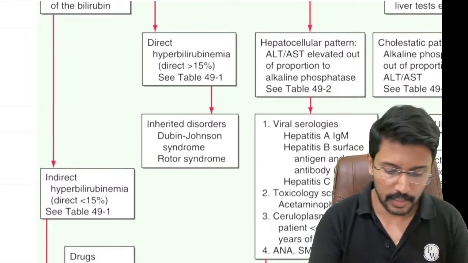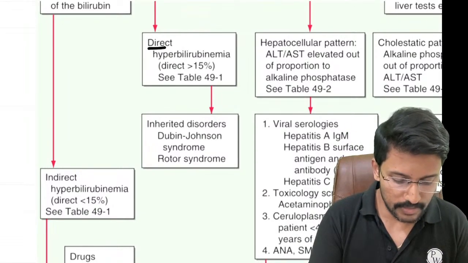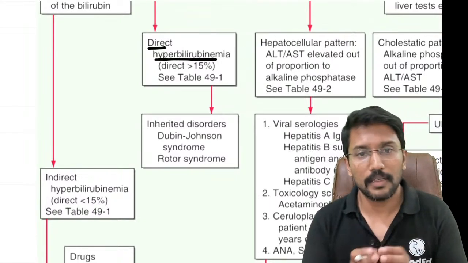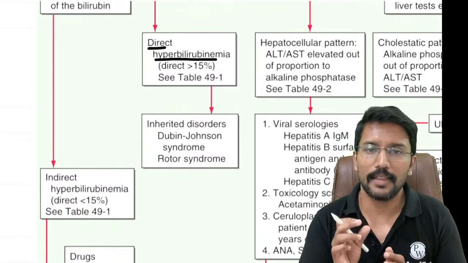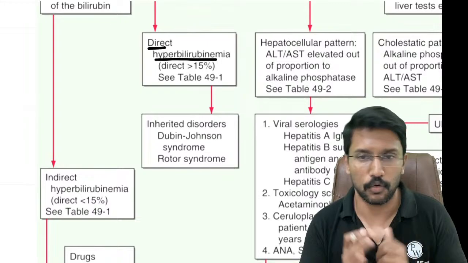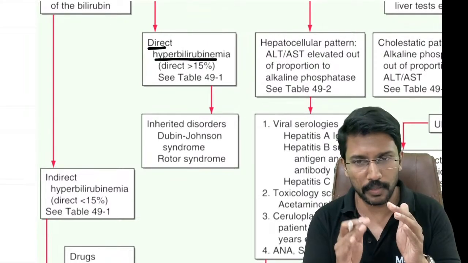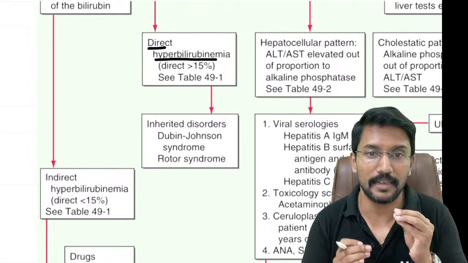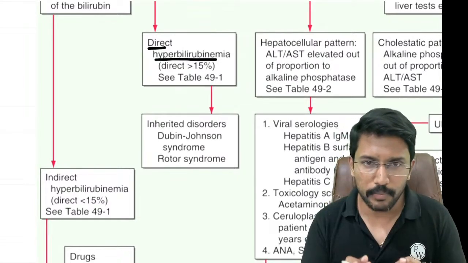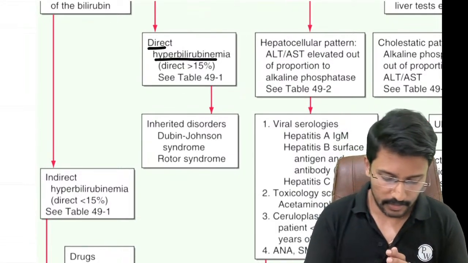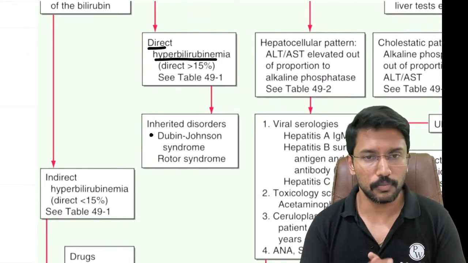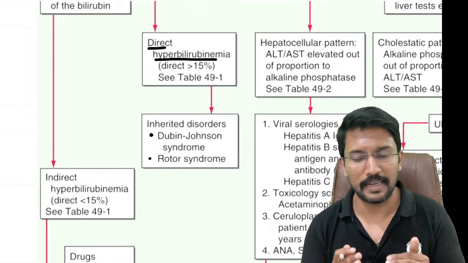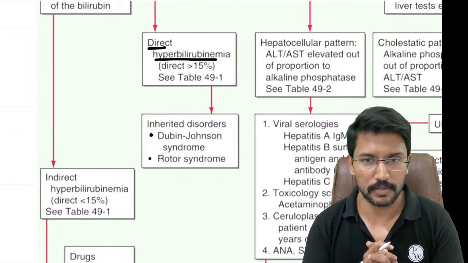So if I have direct hyperbilirubinemia, what does that mean? From the LFT, the direct bilirubin is more than 15% of total bilirubin. Whatever is the total bilirubin, out of that, if more than 15% is direct bilirubin, then it is called direct hyperbilirubinemia. It only means you have two possibilities. Either the patient has Dubin-Johnson syndrome or Rotor syndrome, which are inherited hyperbilirubinemias.